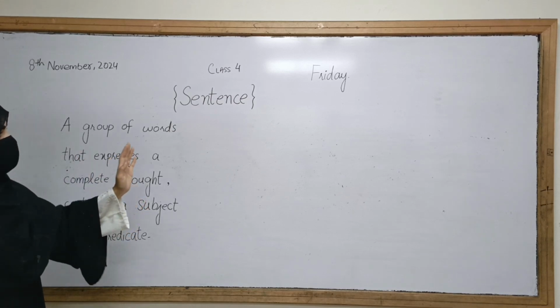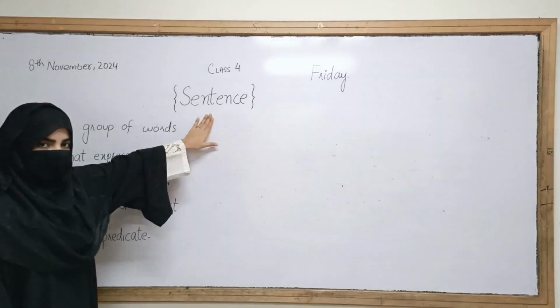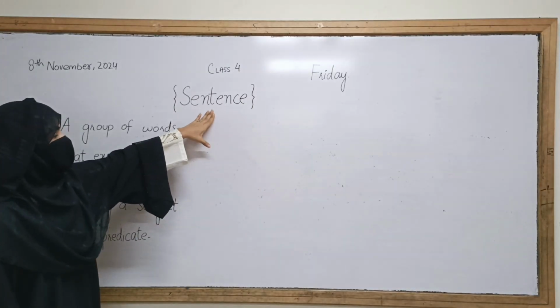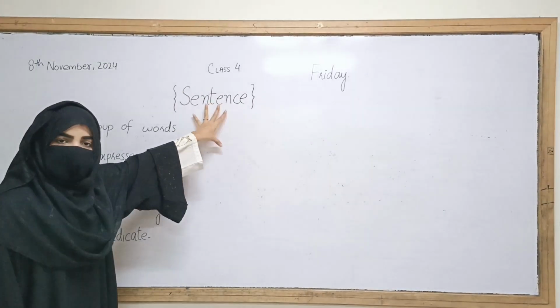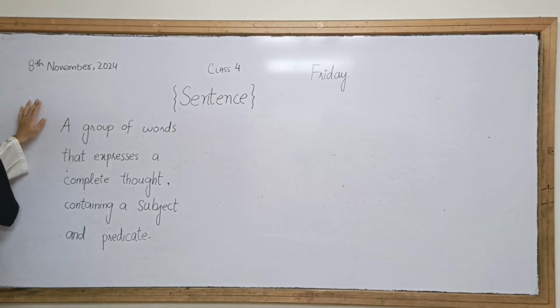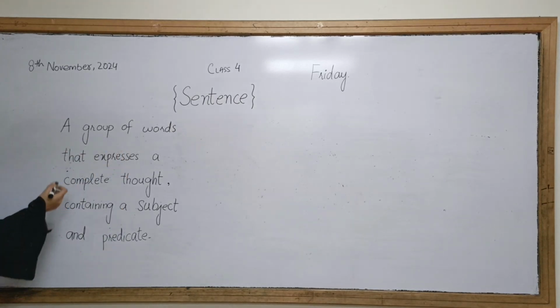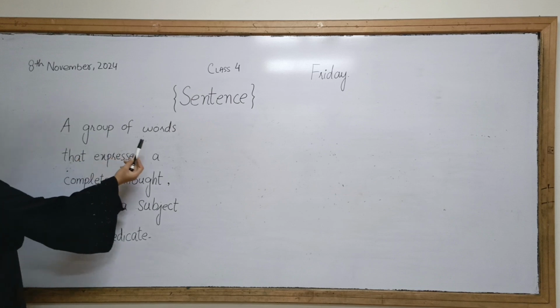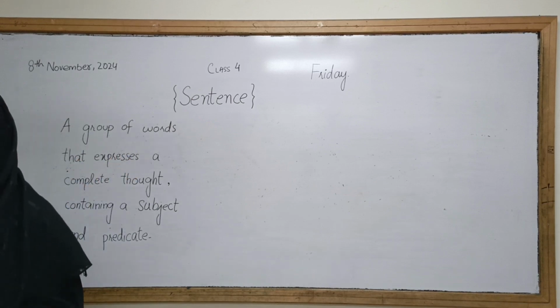Now we will read what a sentence basically is. You can see the spelling of the sentence here. The word sentence is written on the board. S-E-N-T-E-N-C-E. Sentence. Okay? Now we will read what a sentence basically is. So, a sentence is a group of words.